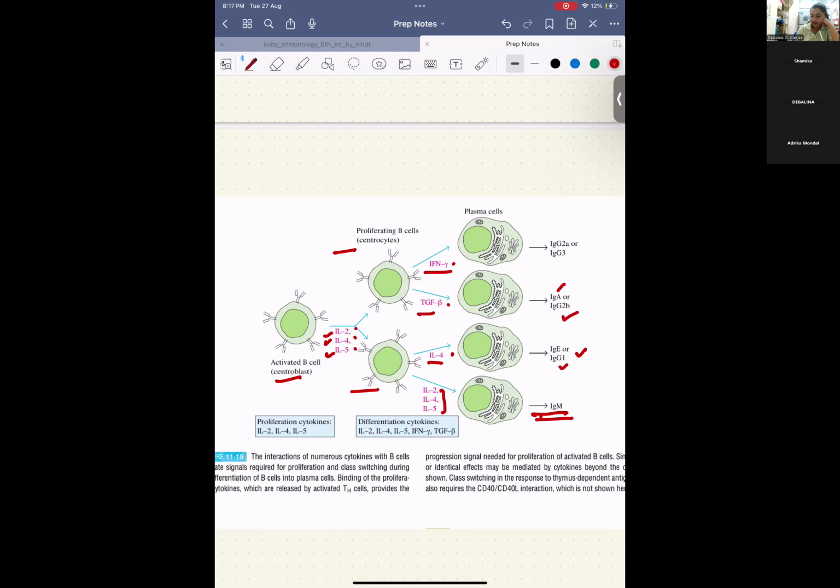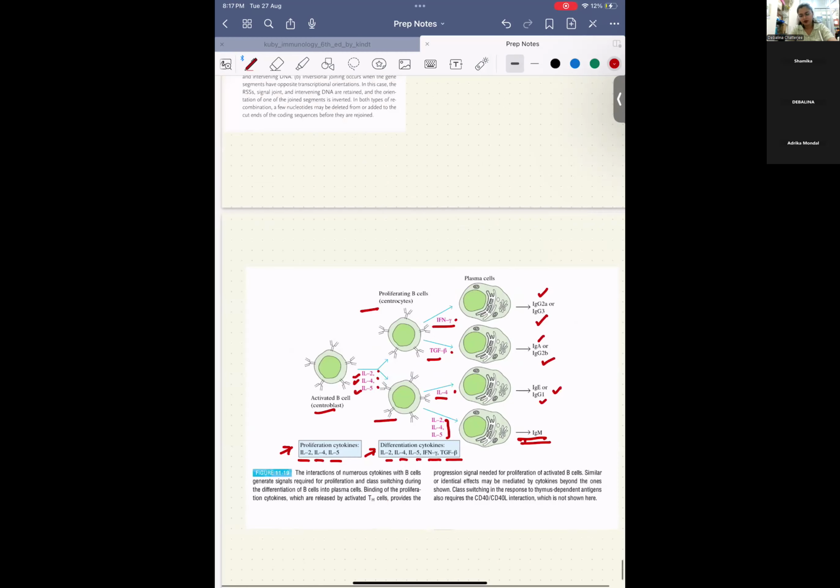If we have interferon gamma, we have IgG2a and IgG3 secreting plasma cells into differentiation. So proliferation stimulating cytokines are IL-2, 4, and 5, and differentiation initiating cytokines are also IL-2, 4, 5, because it also specifies that IgM is going to be the isotype of antibody produced, or it could be of interferon gamma or TGF beta.